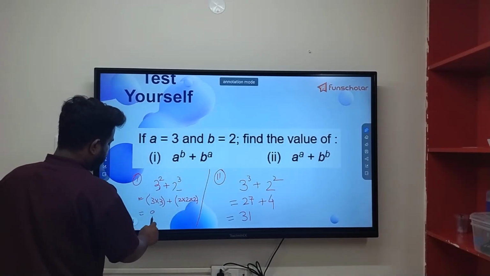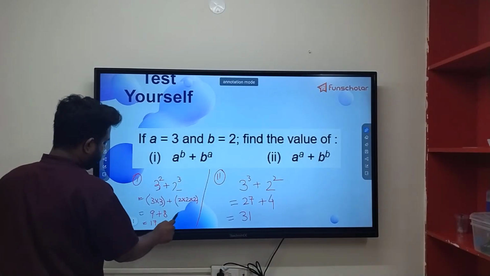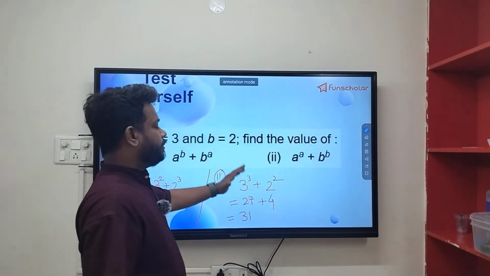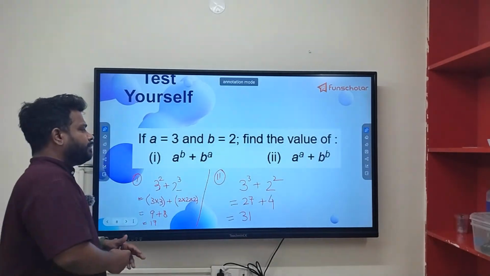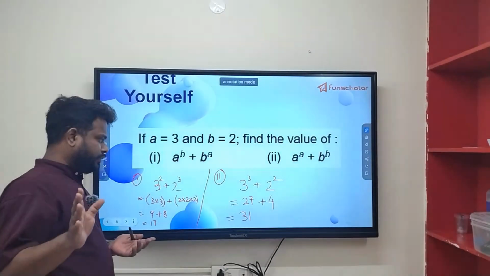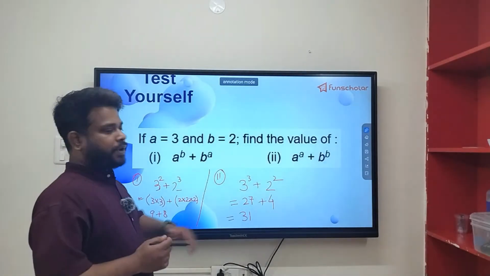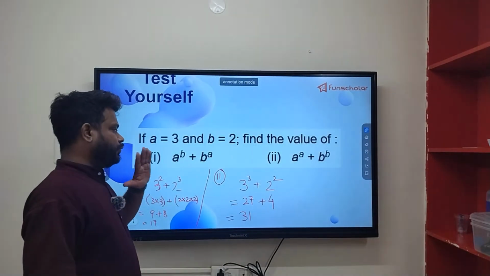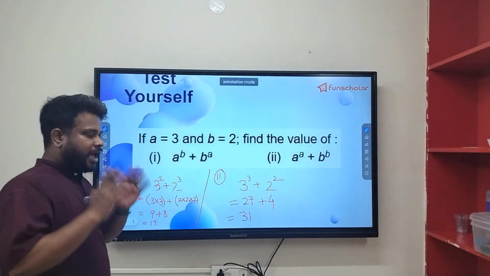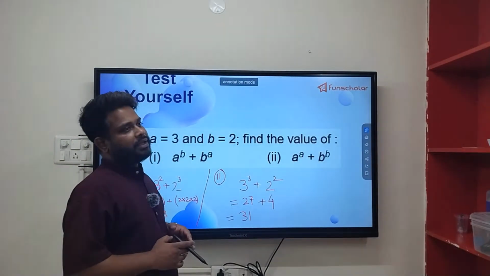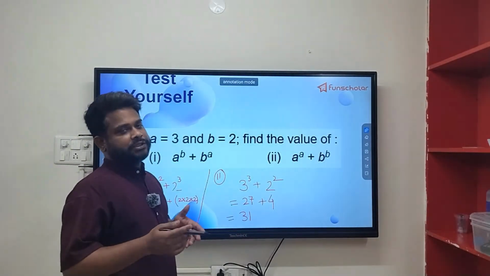So it will be 9 plus 8 and the answer will be 17. This can be done for these as well, and I am leaving it up to you whether you have to write an extra line or not. You can do it like this, you just have to remember the tables. The table of 3: 3 threes are 9 and 9 threes are 27.